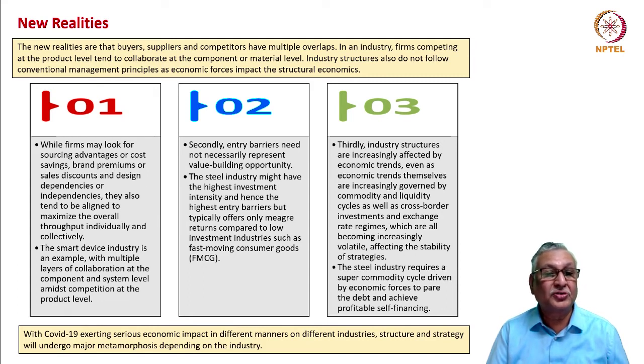Firms may look for sourcing advantages or cost savings, brand premiums, sales discounts, design independencies, etc. But they have to be aligned to maximize the overall throughput individually and collectively. That is, the entire ecosystem should try to maximize the throughput individually and collectively. The smart device industry is a classic example where multiple layers of collaboration at the component and system level exist amidst competition at the product level.